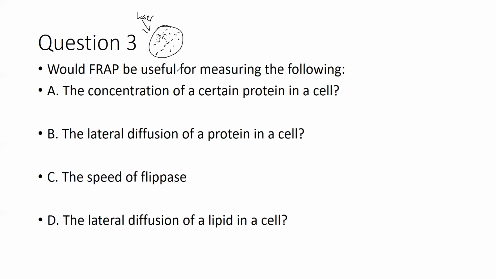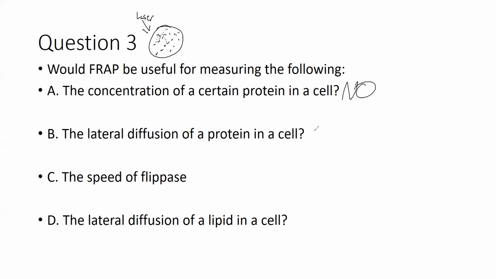So that's FRAP. Can you use it to measure the concentration of a protein in a cell? No, because you could use fluorescence to see how prevalent one thing is compared to another, but shooting it with a laser and then watching it diffuse is not going to tell you anything about concentration. So the technique itself, no, you can't use that.